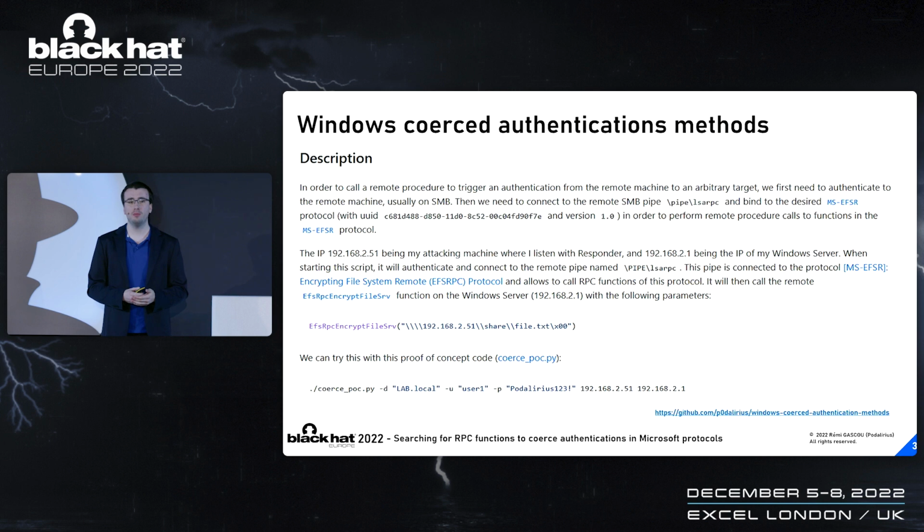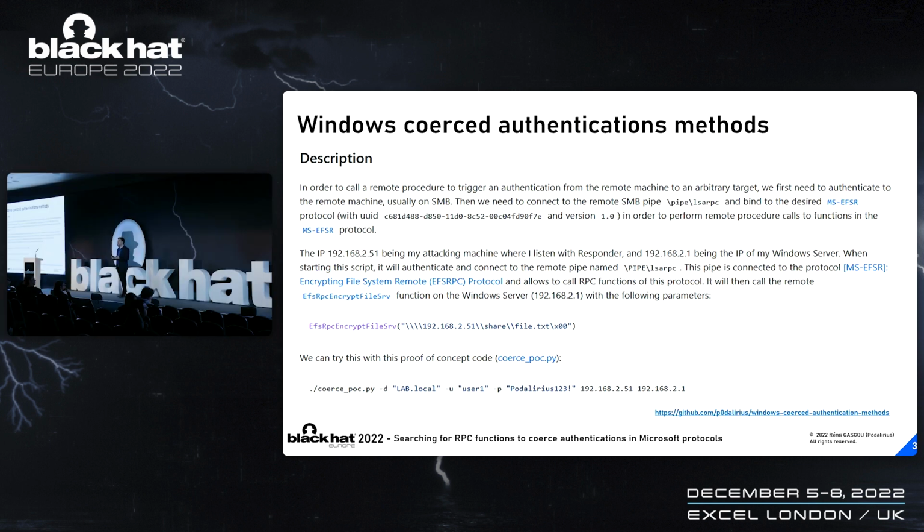But in the case of PrinterBug, for example, PrinterBug uses printer handles, so you need to open a printer, retrieve the handle, so parse the actual RPC response, and then use this handle to coerce an authentication. So in this case, it's really useful to have a description piece by piece of what is happening to coerce this authentication.